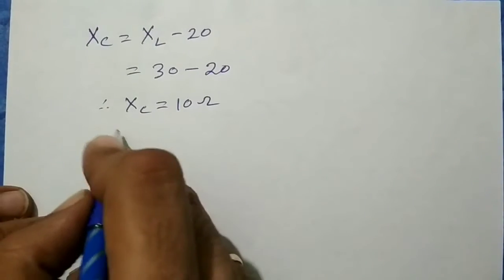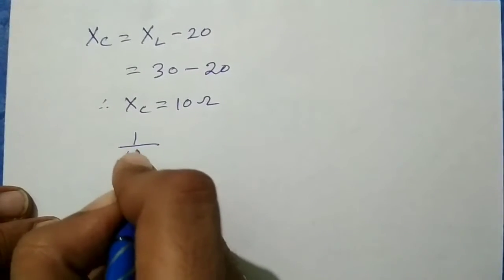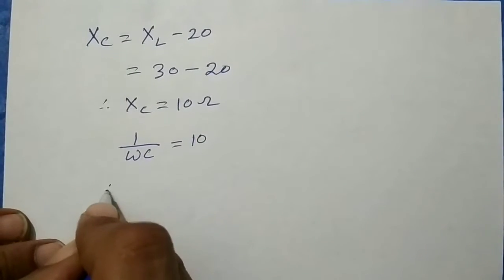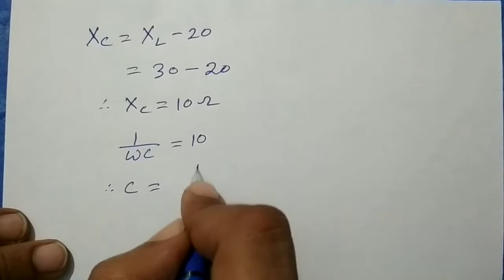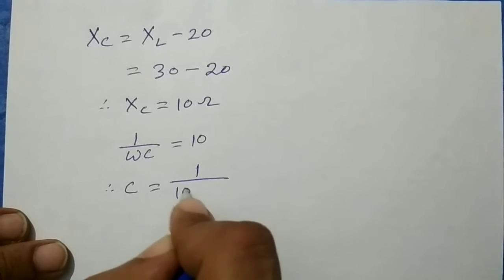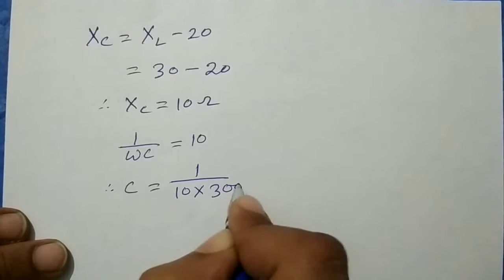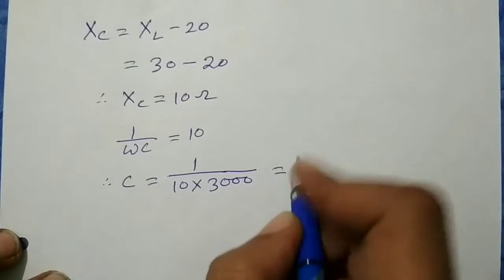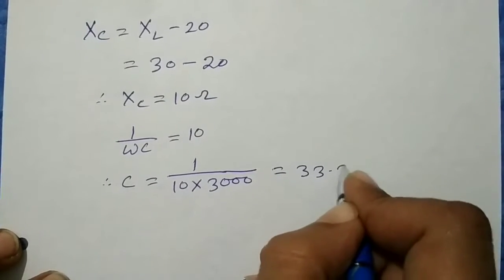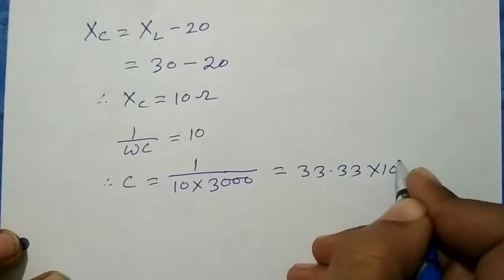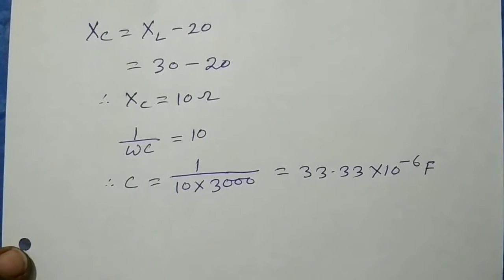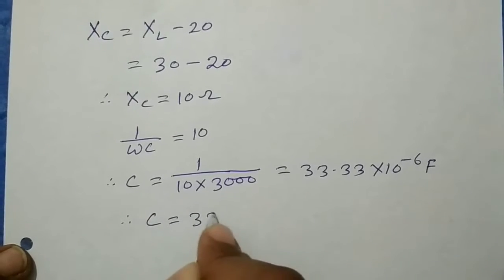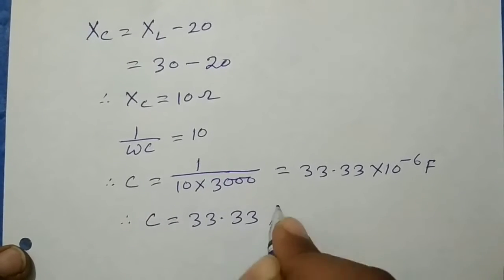And we know that XC is 1 upon omega C, and it is equal to 10. So the value of C will be 1 upon 10 into omega, and the omega is 3000. So it will be 33.33 into 10 to the power minus 6 farad, or C is equal to 33.33 microfarad.